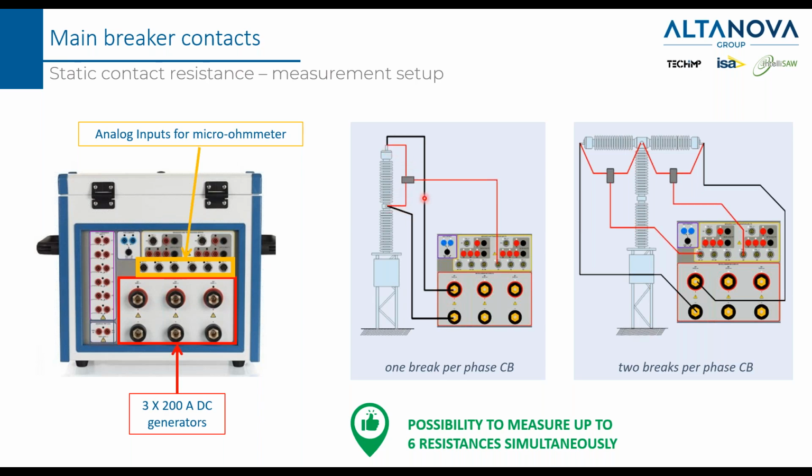So 1, 2, 3, 4 wires. This is an example for the 2 breaks per phase breakers. One current generator injects the current into the 2 chambers, and then we apply 2 voltage inputs here. Thanks to this, we can measure up to 6 resistances at the same time.